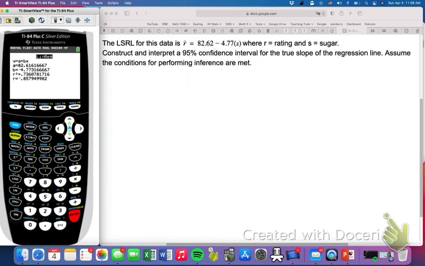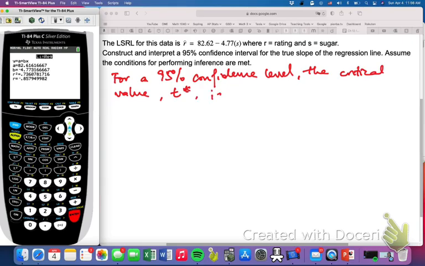All right, so let's continue. For a 95% confidence level, we need the critical value T star. T star is inverse T, and we need two parameters, the area and the degrees of freedom.